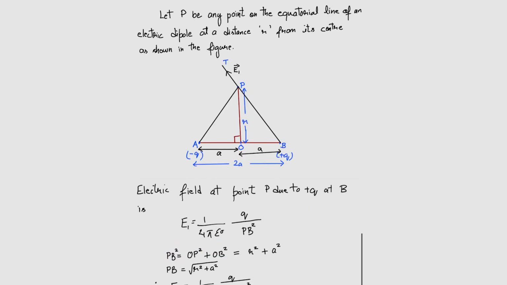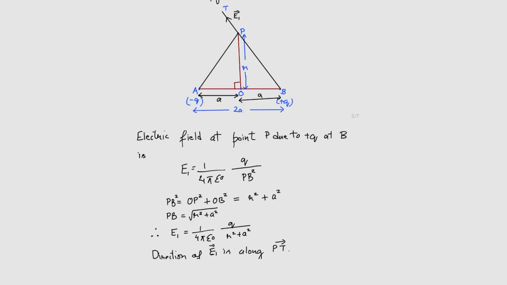The direction for a negative charge is always towards the charge. Alright, towards the charge. So the direction of E2 is this direction, towards the charge. This is my E2 at point P. Earlier, for E1, the electric field pointed away from the charge, and now E2 points towards the charge.